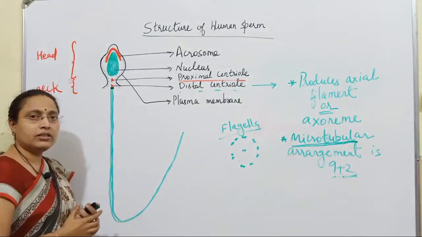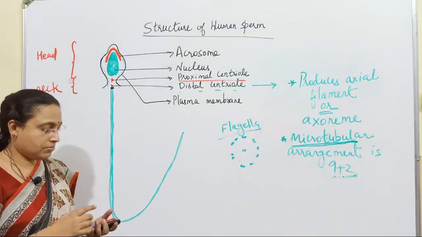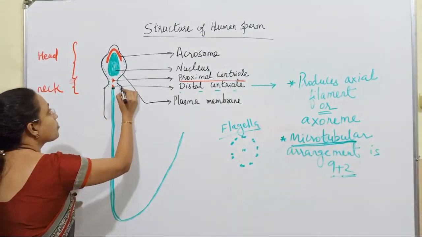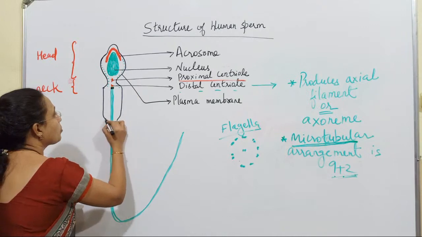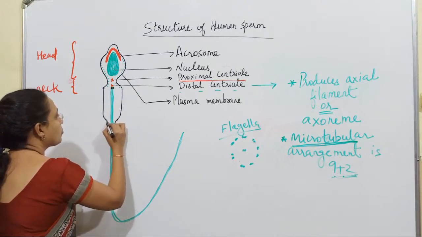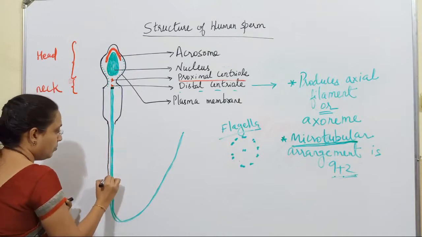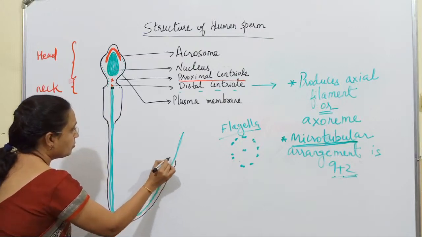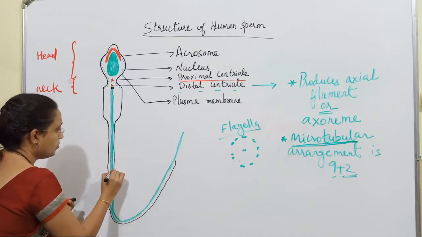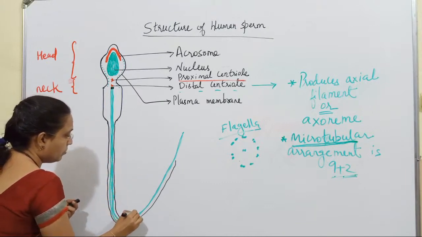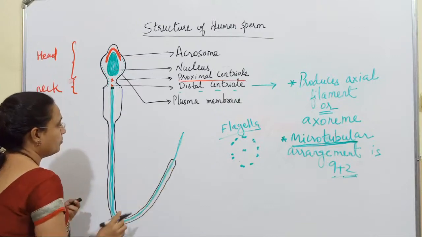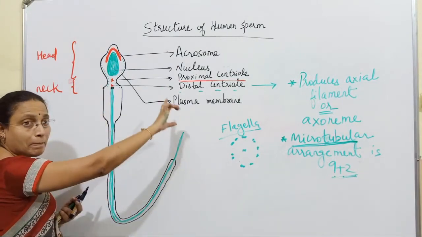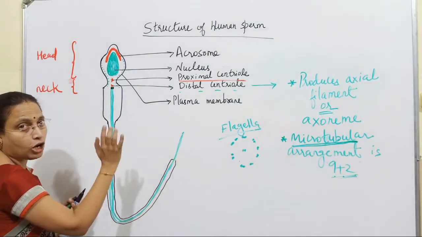Now after the head region comes the middle piece. Compared to the head and the middle piece, the tail is very long.